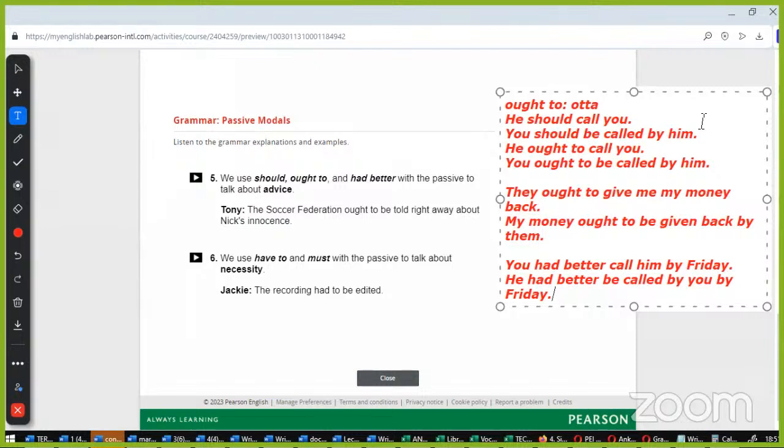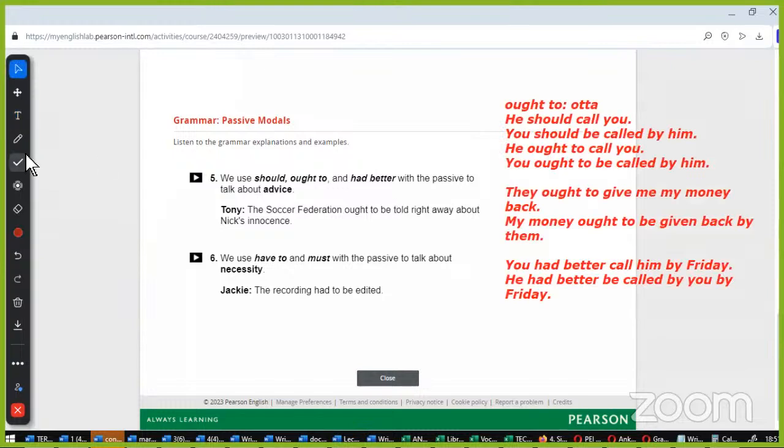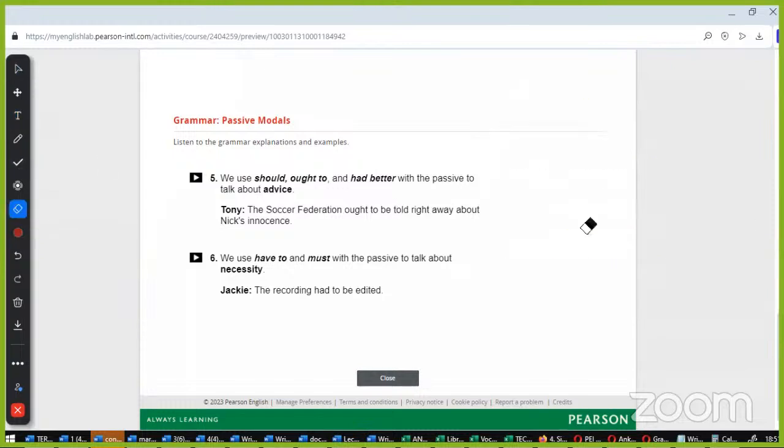Okay, so let's do number 6. We use have to and must with the passive to talk about necessity. The recording had to be edited. Like, you must do your homework.